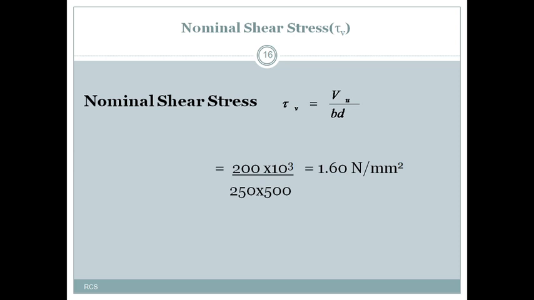The factored shear force is 200 kilonewtons, but we have to convert that into newtons. That is 200 into 10 power 3, and b is 250 and d is 500 mm. If you calculate this, we will get 1.60 Newton per mm square.